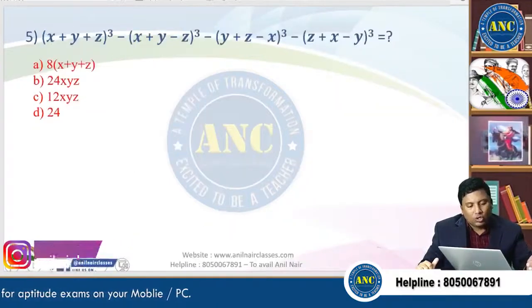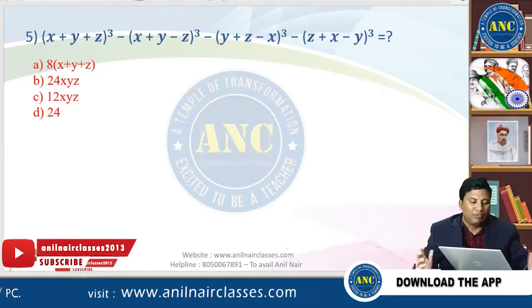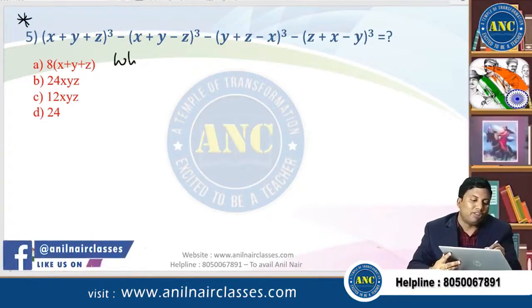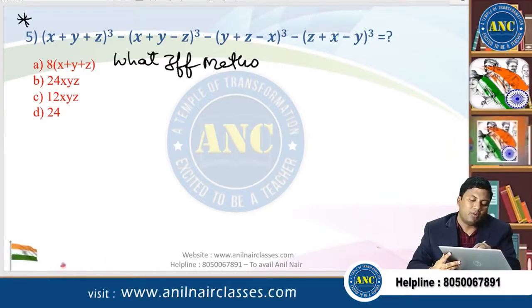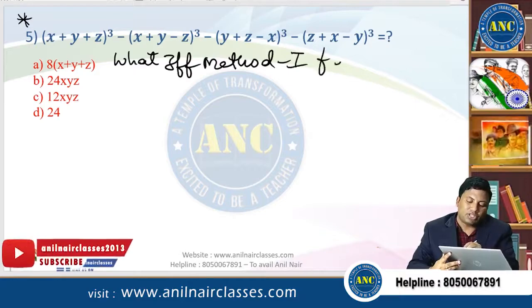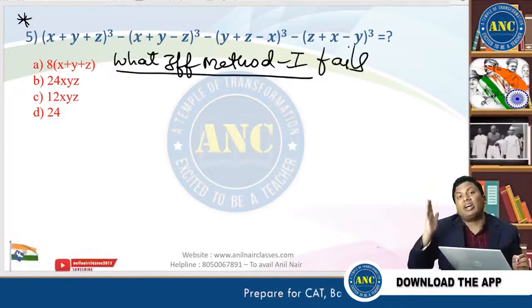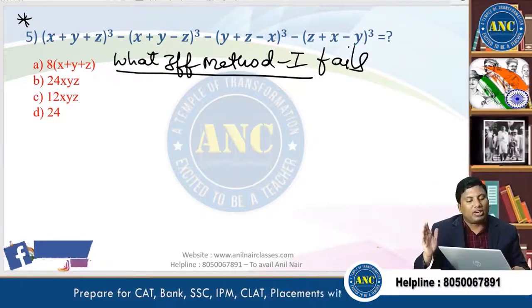Now, if you see a beautiful question, sir. What if method 1 fails? Just to make you understand that method 1 is not the best method and it will not give you unique answer. What if method 1 fails?